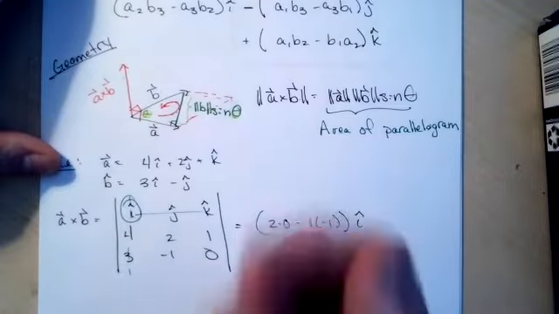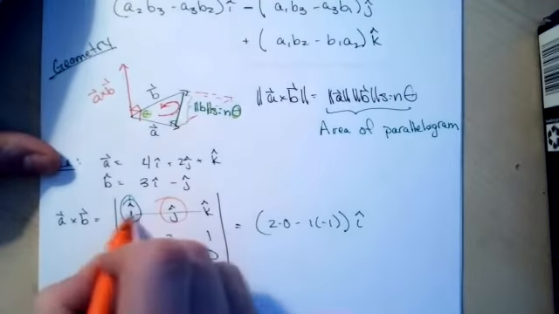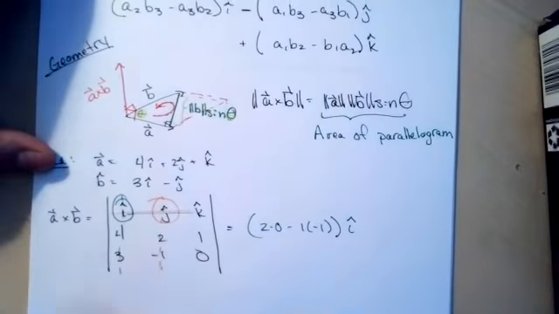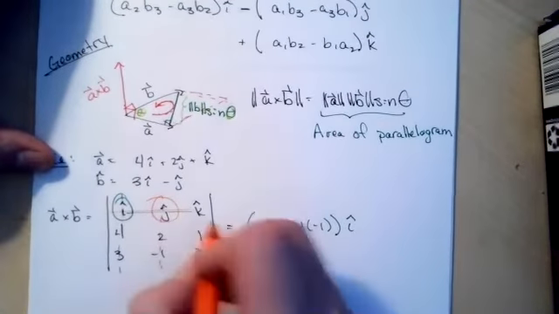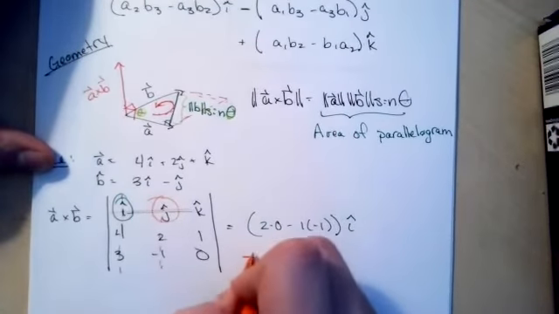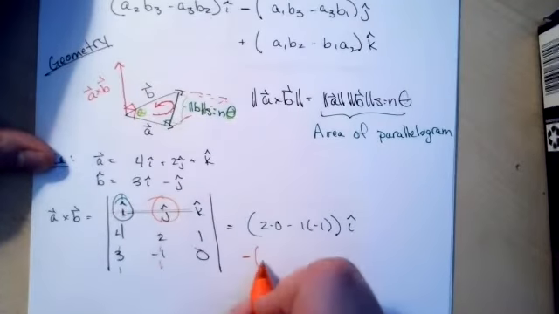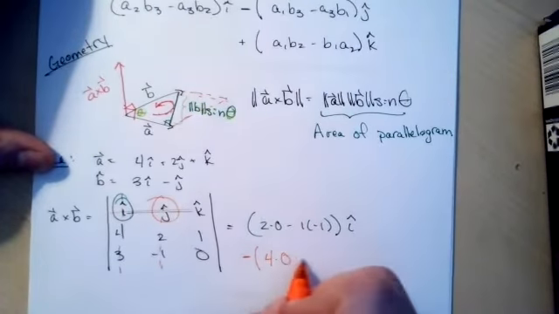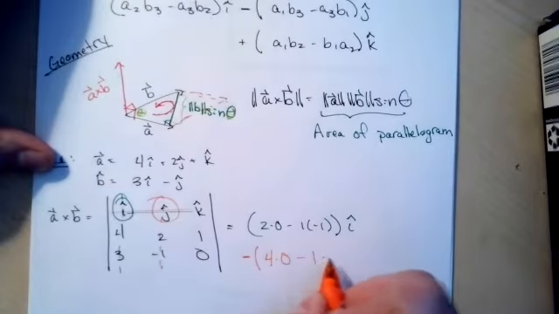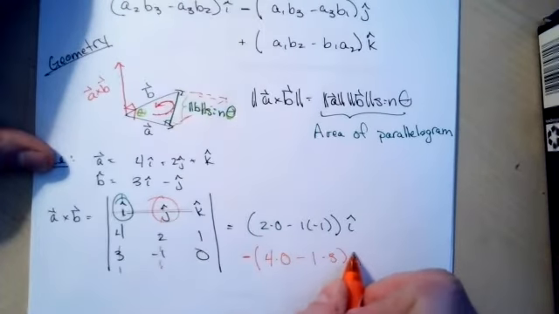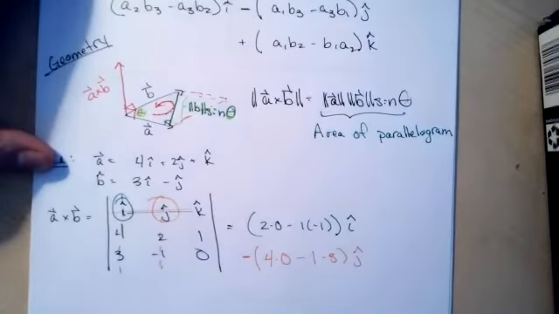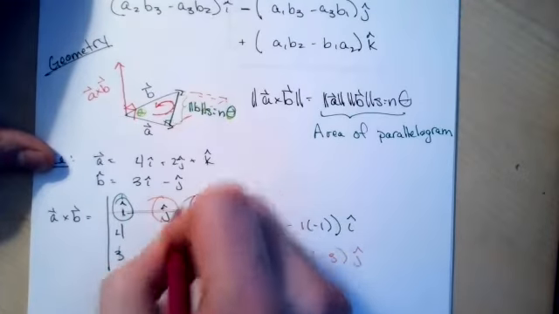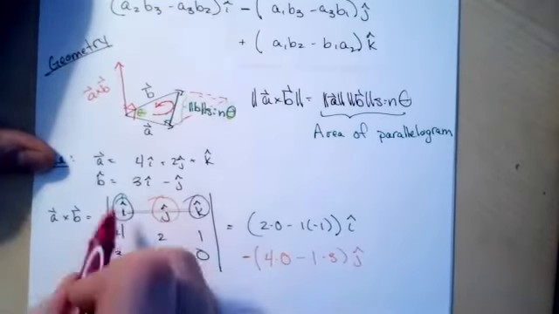Our J component, eliminate that row, eliminate that column. What are we going to have left? And remember, we're alternating signs. So J comes equipped with a minus sign. We will have 4 times 0 times, or excuse me, minus 1 times 3 in our J direction. And then in our last one, back to a positive coefficient.